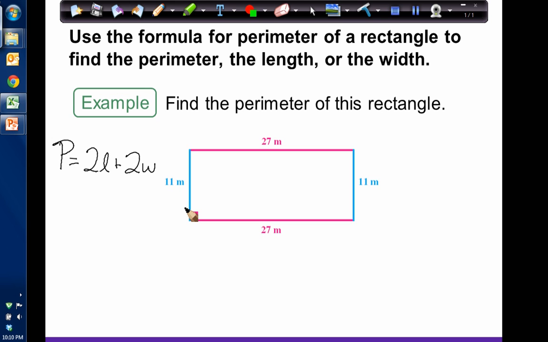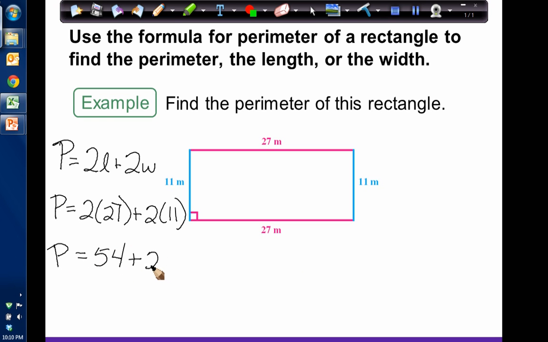We can then plug in the 27 for the length and the 11 for the width and solve for the perimeter. 2 times 27 is 54, 2 times 11 is 22, so the perimeter is 76 meters.